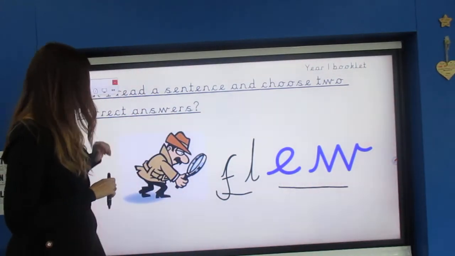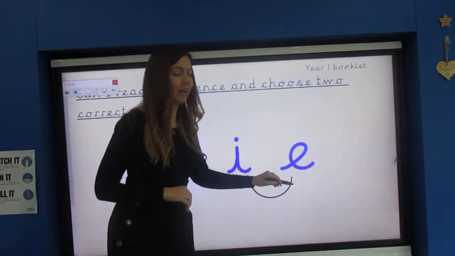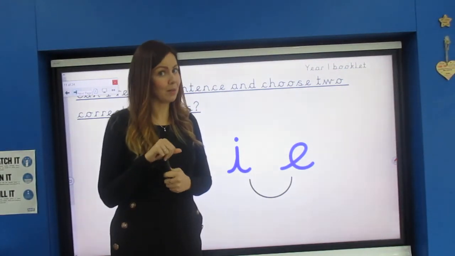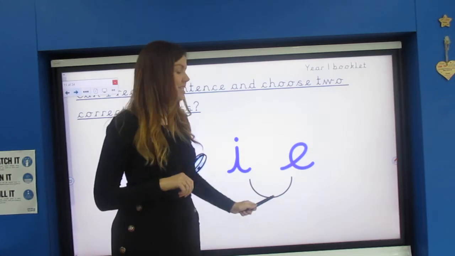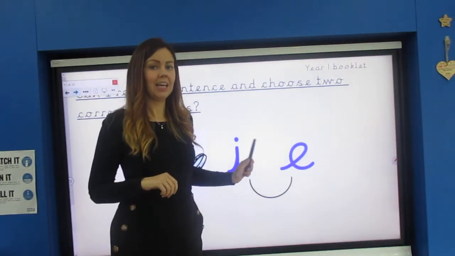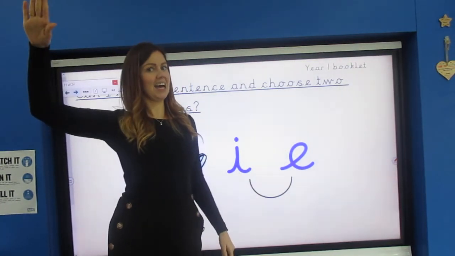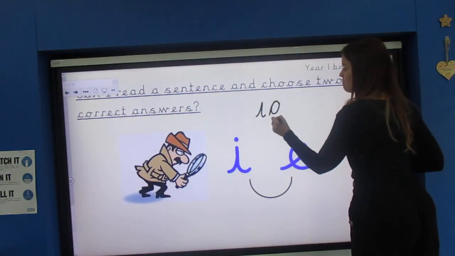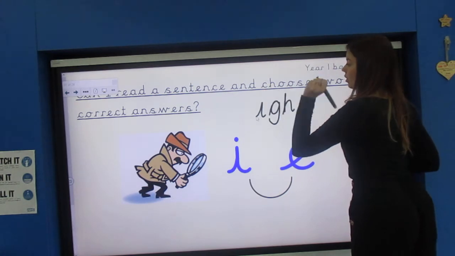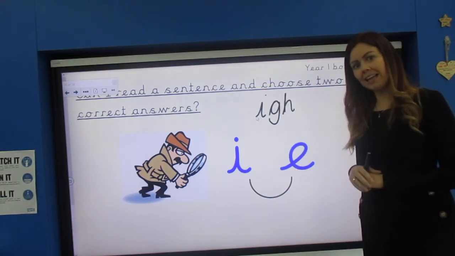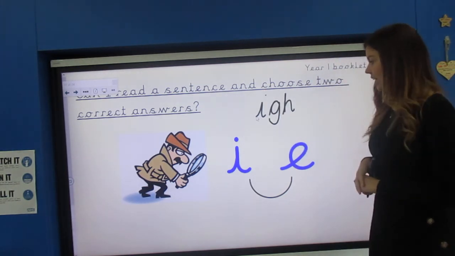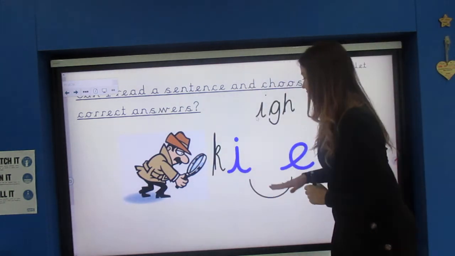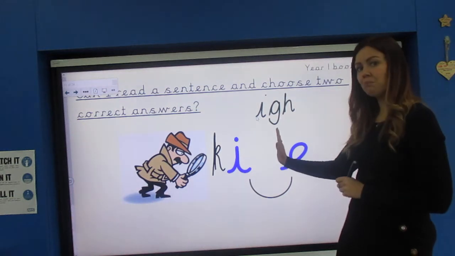Okay, next one. It's a split digraph. Now some of you might not have come across a split digraph yet, but it makes the I sound. I, like aye, Captain. Some of you might have seen this I sound. Okay, but this is another way to write I. So if you saw the letter K, there will always be a letter in the middle.